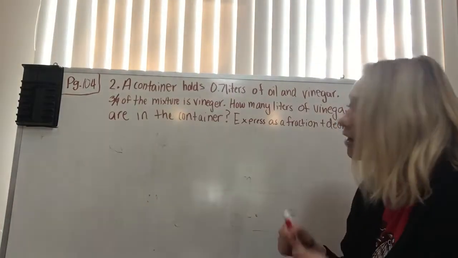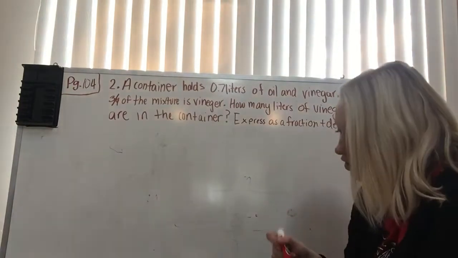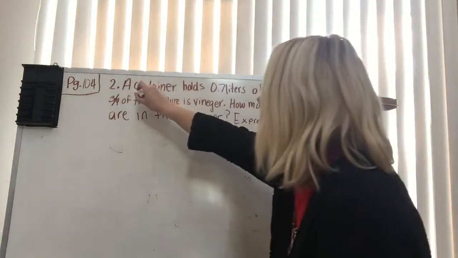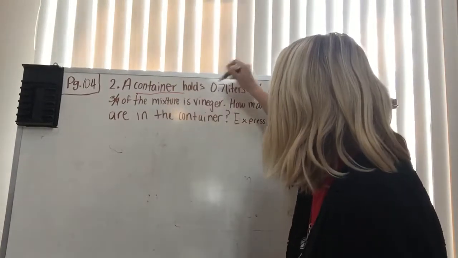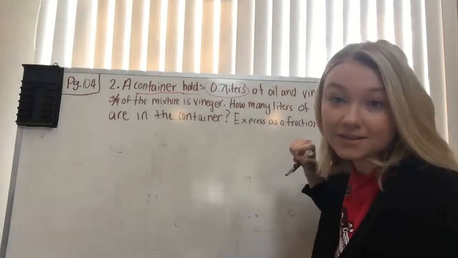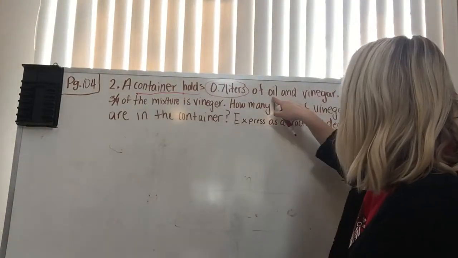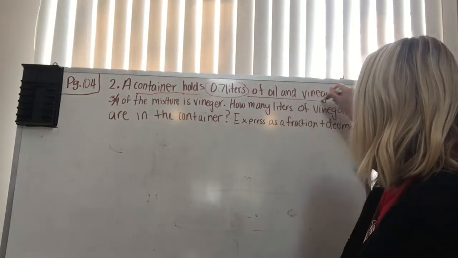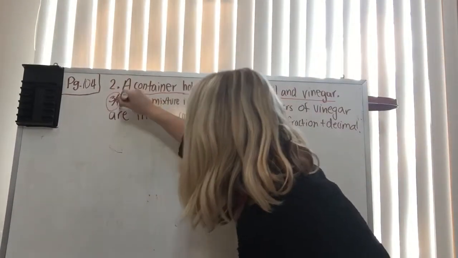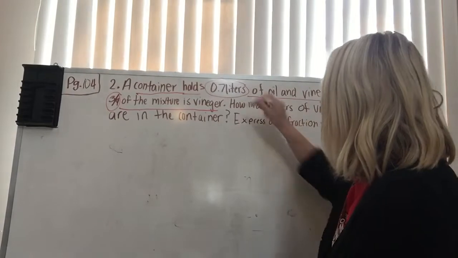First thing I'm going to do is redraw, right? You know the drill, people. So a container holds 7/10 of a liter of oil and vinegar, so both together. But only 3/4 of the mixture is vinegar.